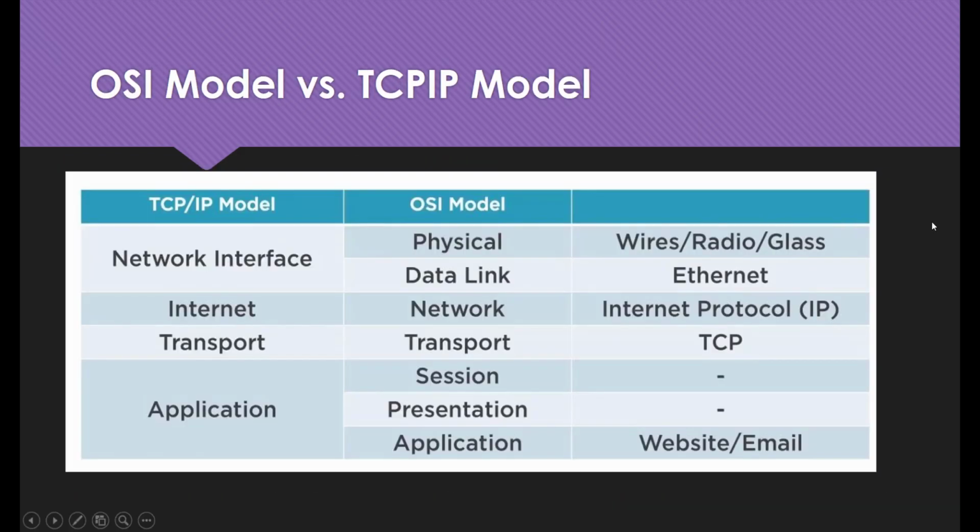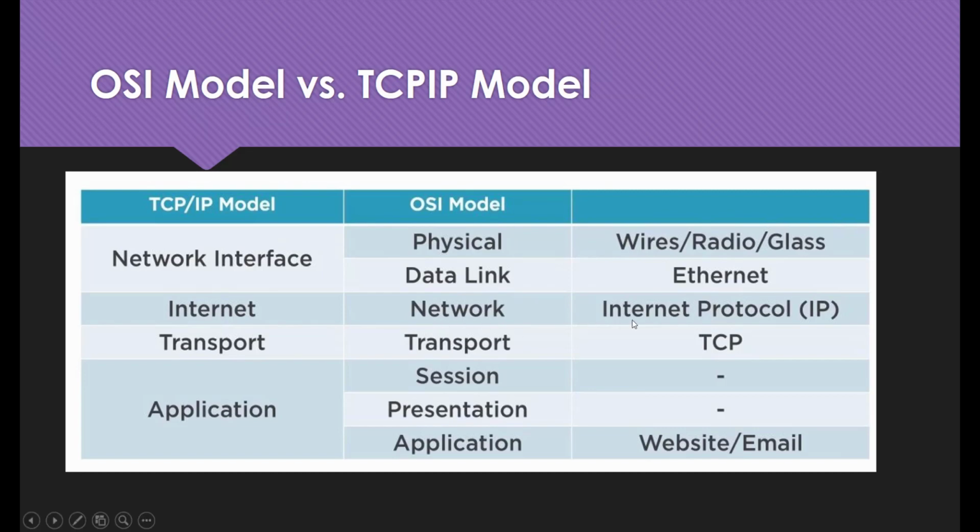So we can see a summary of the OSI model versus the TCP/IP model. And we can see the network interface, which coincides with the physical and data link. And we can see that at the physical layer, we have wires, radio, and glass, which is optic fiber. We have the data link, which is the Ethernet protocol when you are using Ethernet cabling with switches.